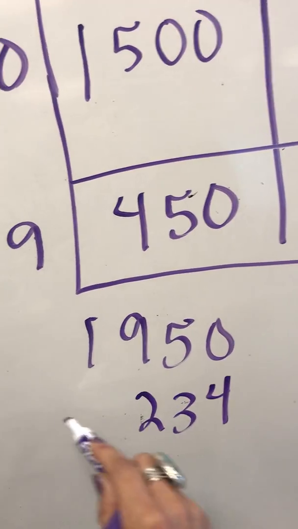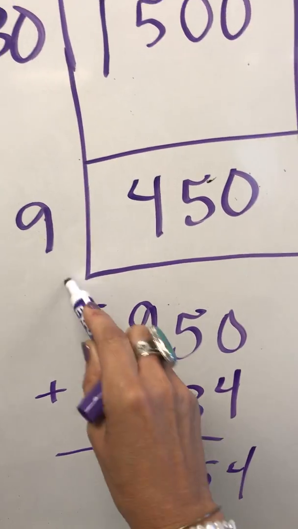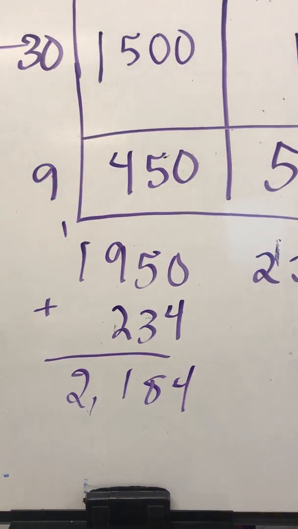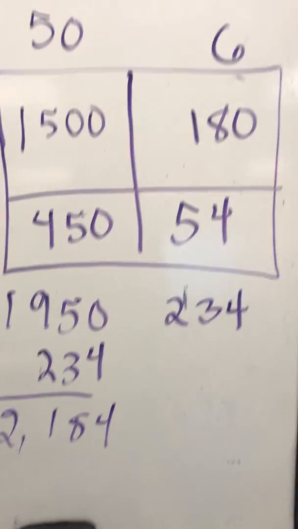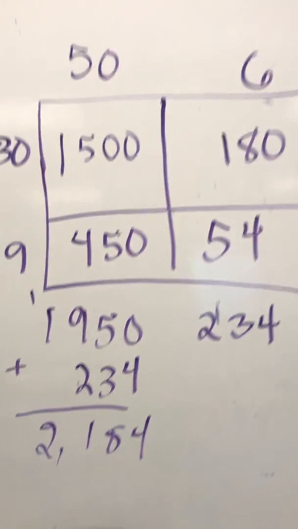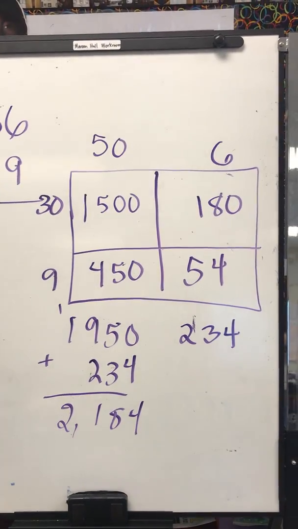I add that to what I had here in this column. My answer is 2,184. That's the area box method.